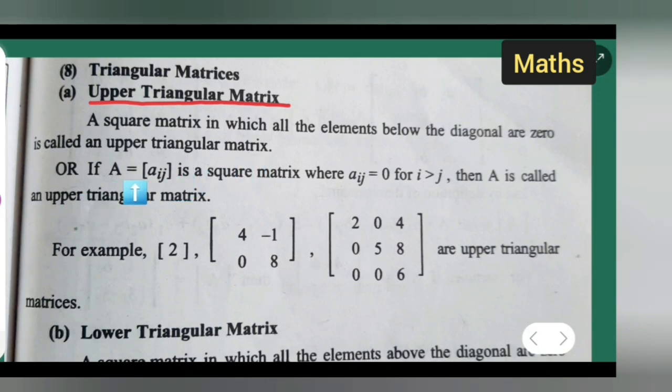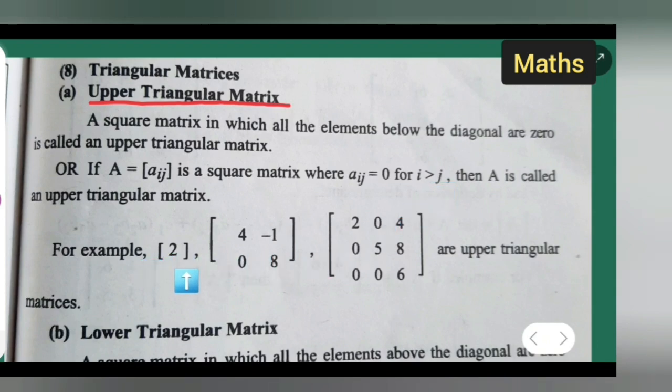Or if A is equal to aij is a square matrix where aij is equal to 0 for i greater than j, then A is called an upper triangular matrix. So in this definition it is given when you can say that it is an upper triangular matrix. So this is the condition: aij is equal to 0 for i greater than j.